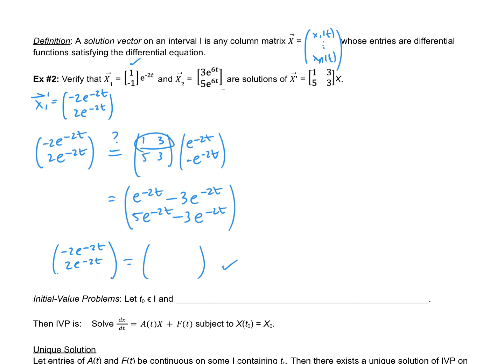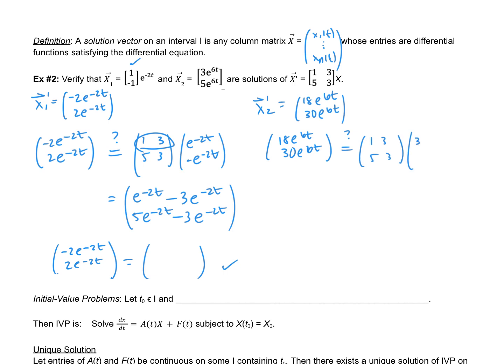Now we have to do the same thing for x2. For x2, I'm going to take the derivative, and when I do, I get 18e to the 6t and 30e to the 6t. Substituting into the equation above, I get 18e to the 6t, 30e to the 6t. I want to know if that's equal to my matrix 1, 3, 5, 3 multiplied by my solution vector.